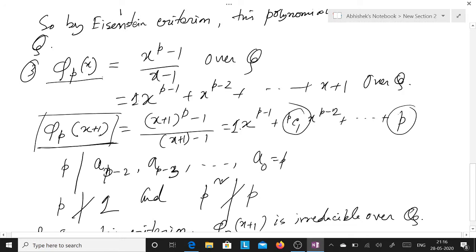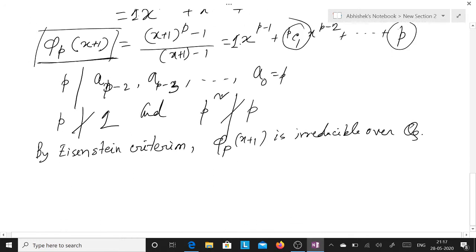So you need to go further, using this fact that phi p of x plus 1 is irreducible over Q using Eisenstein's criterion.